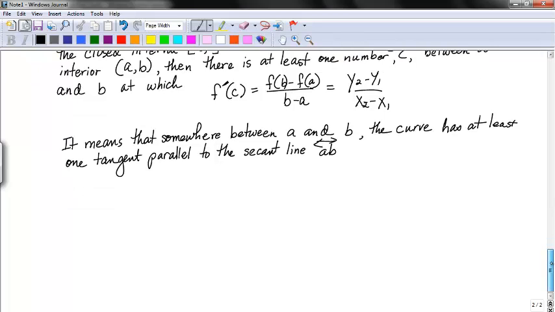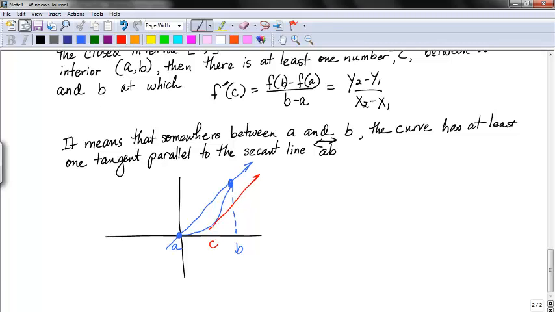Okay, and graphically it looks like this. If I had a graph, and let's say the curve of the graph was something like this, I'm going to make this A, this x value I'm going to make B, and if I figure the slope of this line between A and B, then there's got to be some point C between there where there is a tangent line that is parallel to that secant line.